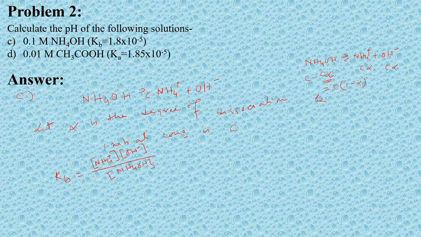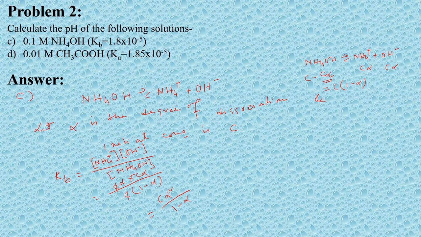We use this value here. So this is C alpha into C alpha, divided by C into 1 minus alpha. Cancel C, and it becomes C alpha square divided by 1 minus alpha.